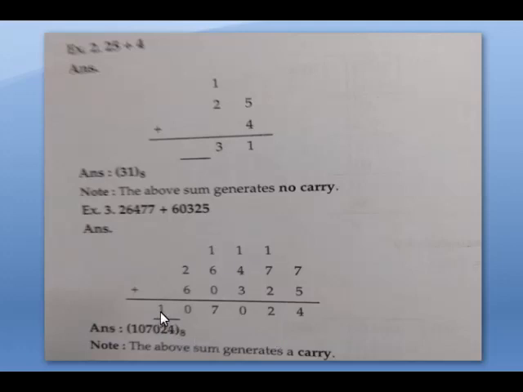Here one carry is generated, while in the above example there is no carry. This is the way you have to add octal numbers. Octal addition means 0 to 7 the same numbers, and after 7 it is 10, 11, 12, like this it will go till 17. So this is octal addition.